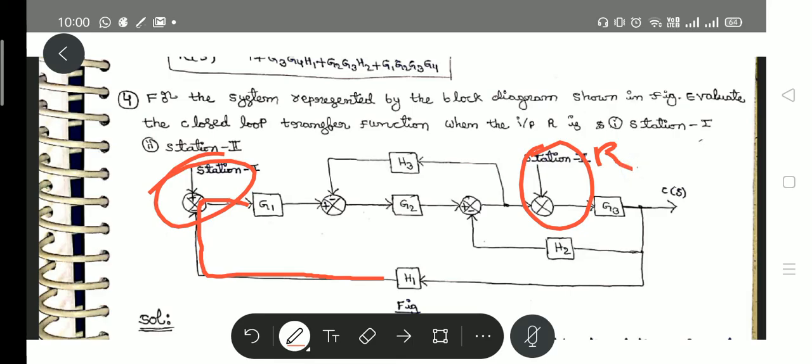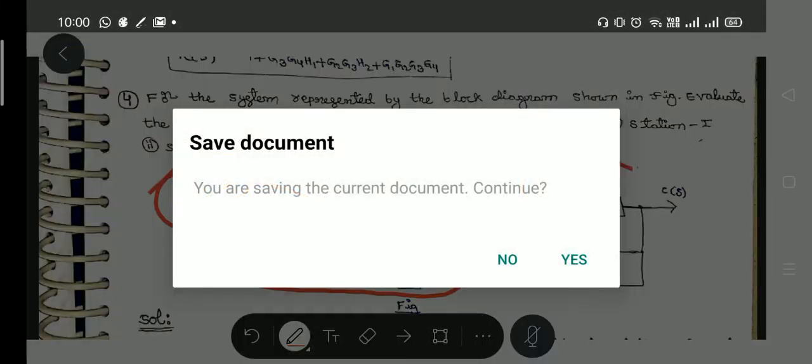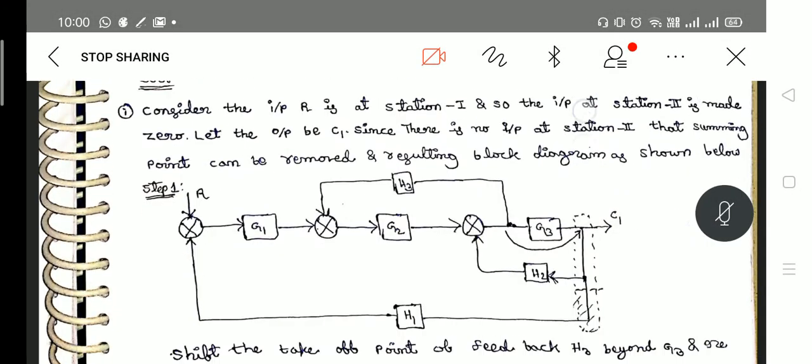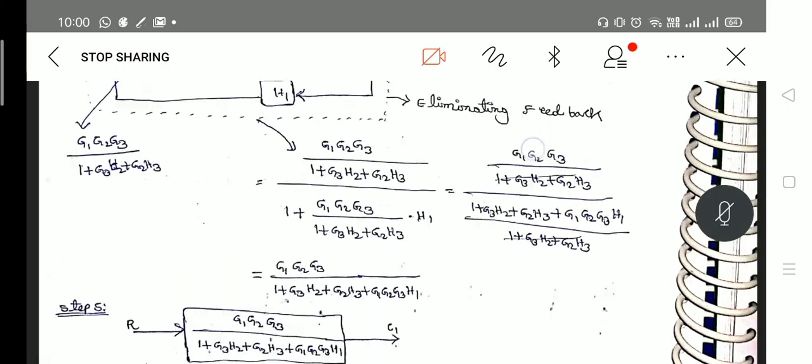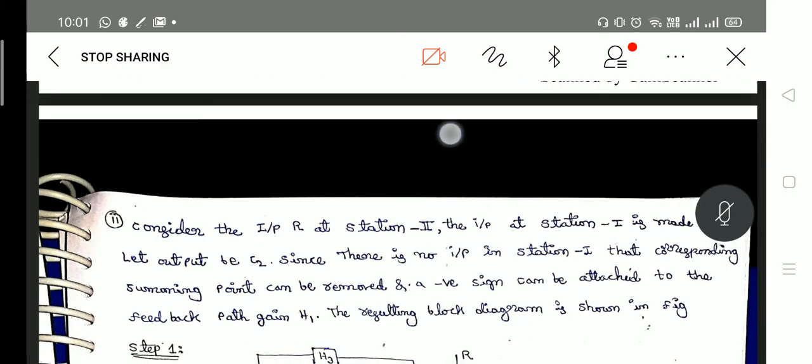Okay, here after removing station 1, these both are in cascaded connection, right? So G1 into H1. You can see in the diagram.